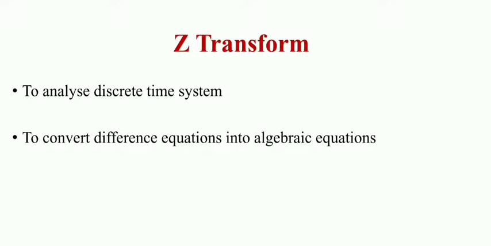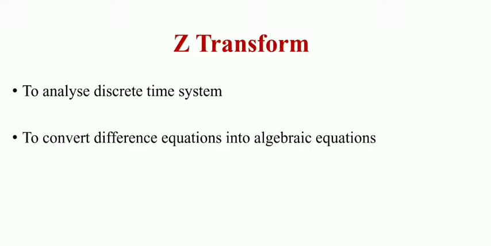If we convert the difference equation into an algebraic equation, it is very easy for us to solve, and from that answer we can analyze the performance of the system. That conversion can be easily carried out by applying Z transform to this difference equation. This is another important application of Z transform.